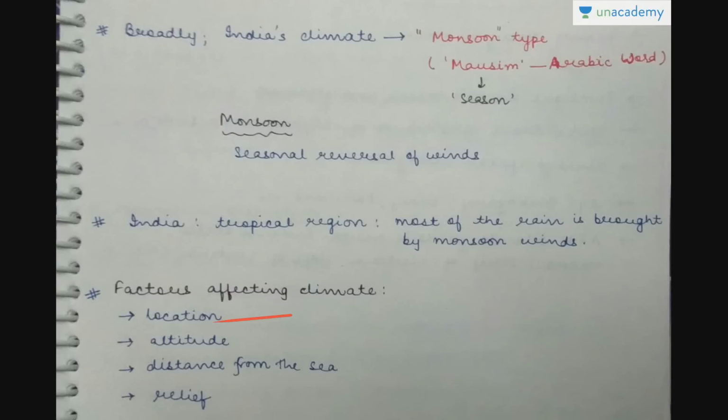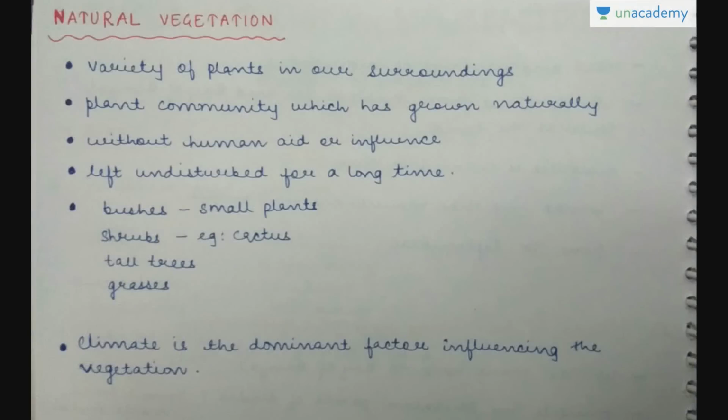Based on the location, we have the difference in climate. Then altitude, which is height, then the distance from the sea, and then the relief features. Relief is basically the difference in the elevation of different landforms like the mountains, plains, and plateau. Because of the relief structure also, we have difference in the climatic conditions of different areas.